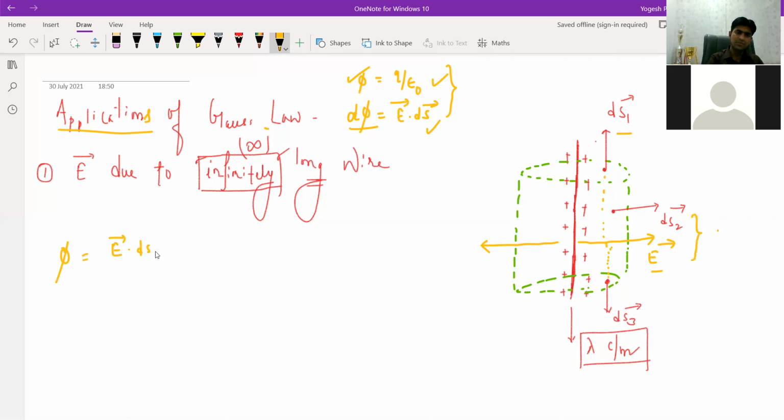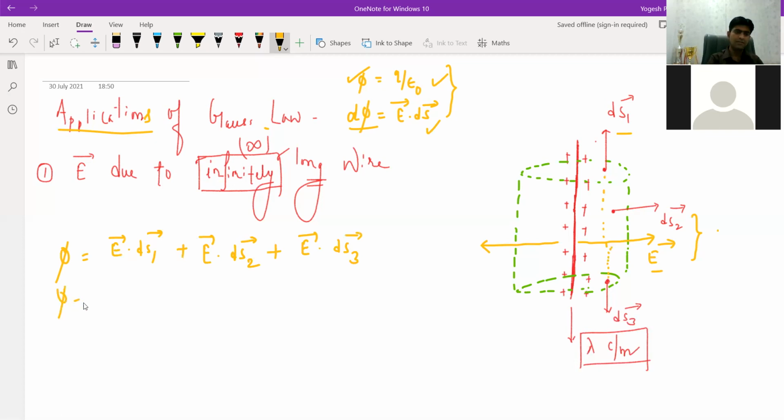E dot ds1 vector. This is for the upper surface. Then we can write E vector dot ds2. This is for the curved surface, and we can write flux is equal to E vector dot ds3. This is for the bottom surface.